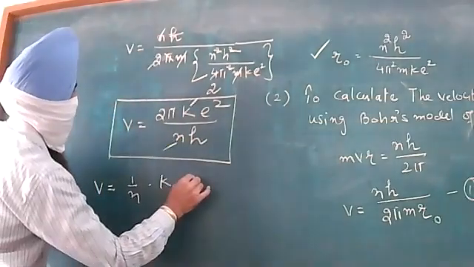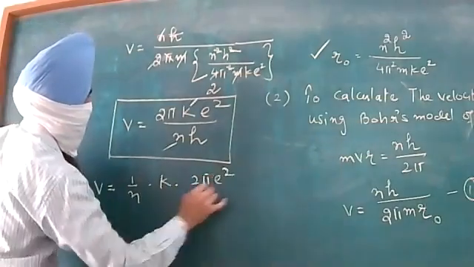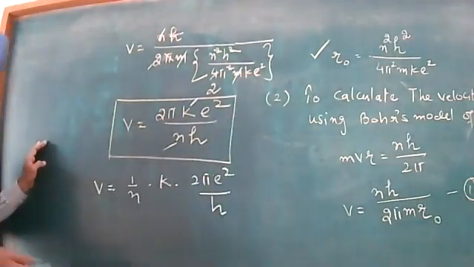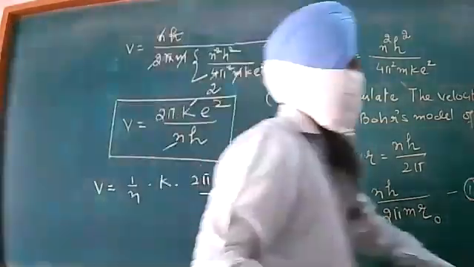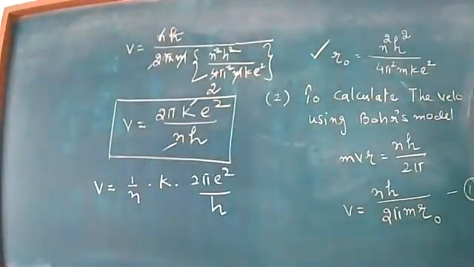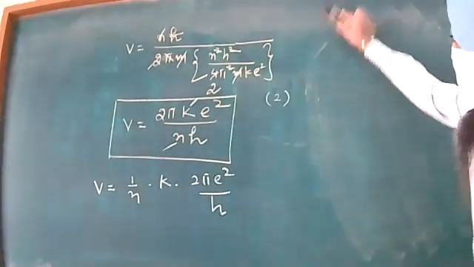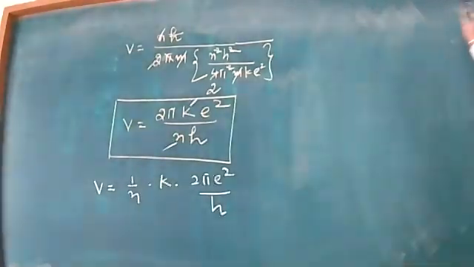So dear all, this is 2 pi e square upon h. It is managed in this manner. Now let us further modify this relationship. We will definitely be getting some new term over here, a completely dimensionless term, and we will be calling that the fine structure constant.